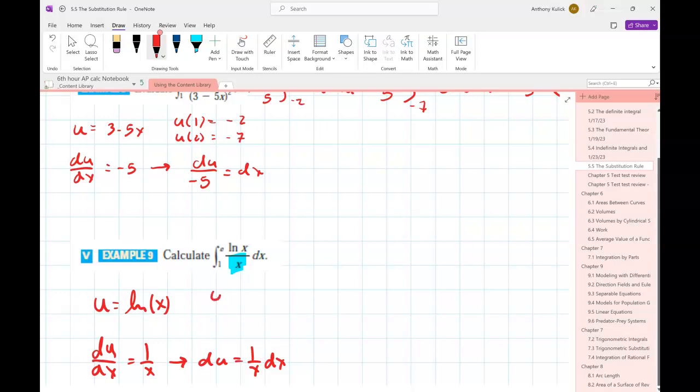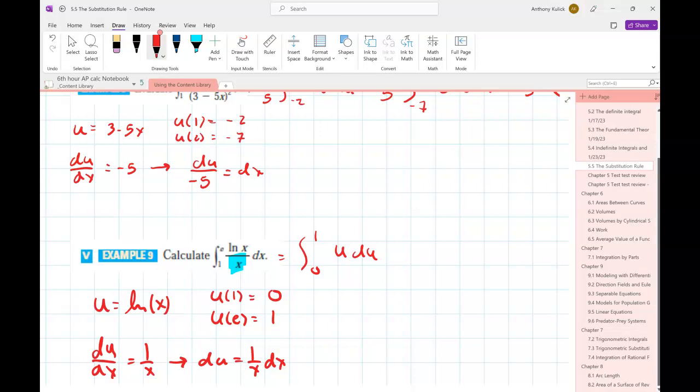Okay, and then we have to do u of 1 and u of e. What's the natural log of 1? That's 0, very good. And the natural log of e is 1. Well, hey, that's kind of an improvement. And look at this, what this integral turns into.